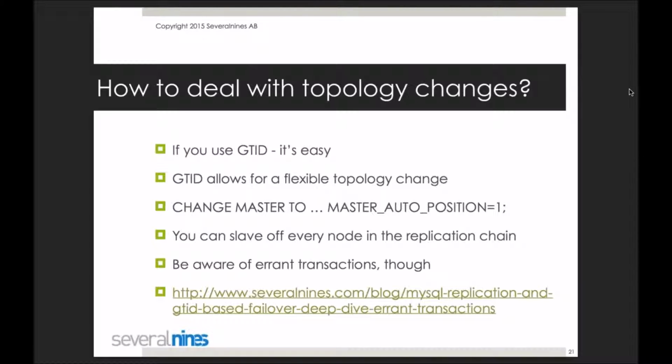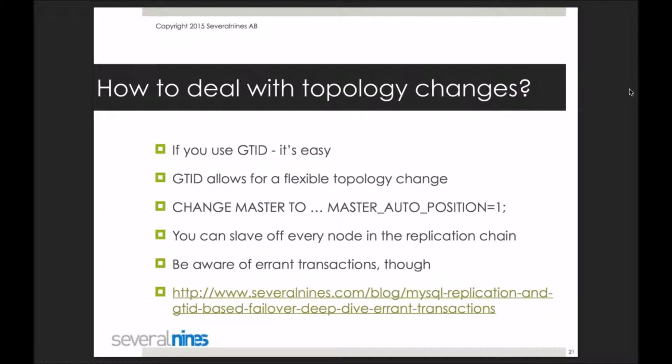So the thing is that if you're running 5.6 or later and using GTID, global transaction ID, topology changes are easy. Basically, GTID allows for very flexible topology changes. What you need to run is CHANGE MASTER TO, MASTER_HOST, MASTER_USER, MASTER_PORT, MASTER_PASSWORD, MASTER_AUTO_POSITION equal to 1, and that's it.